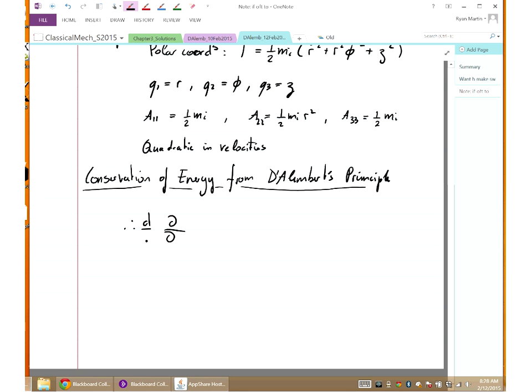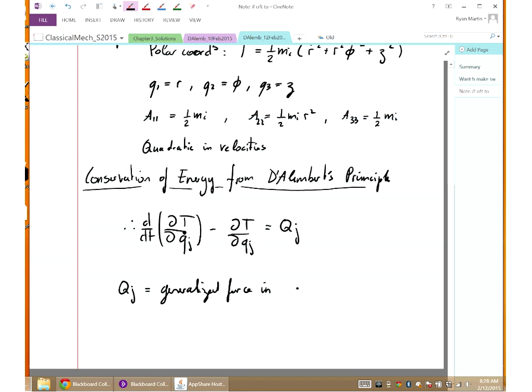So let me rewrite D'Alembert's principle. We have d by dt of dT by d qj dot minus dT by d qj equals capital Qj, where capital Qj equals the generalized force in direction j.